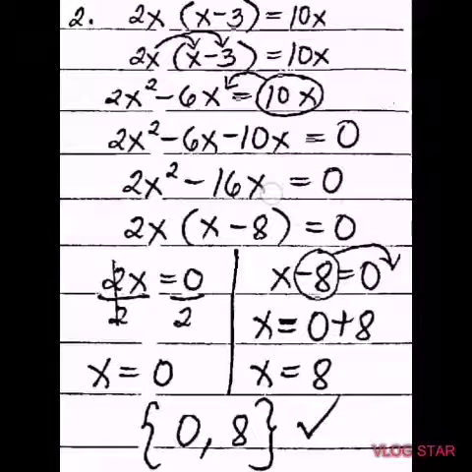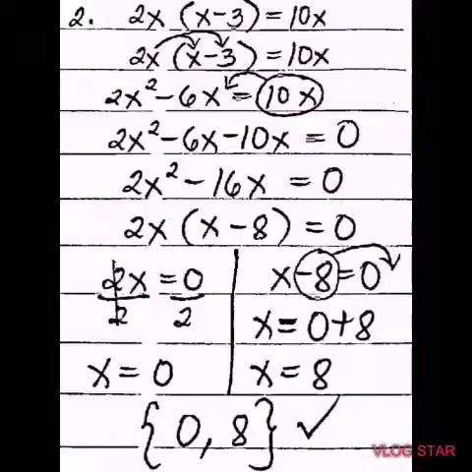Next, get the factors. How are we going to get the factors? Since we only have a, which is 2, and b, which is negative 16, and we don't have the value of c, we will perform common monomial factoring. By using common monomial factor, we can get the factors as 2x times the quantity of x minus 8. How did we get these factors?